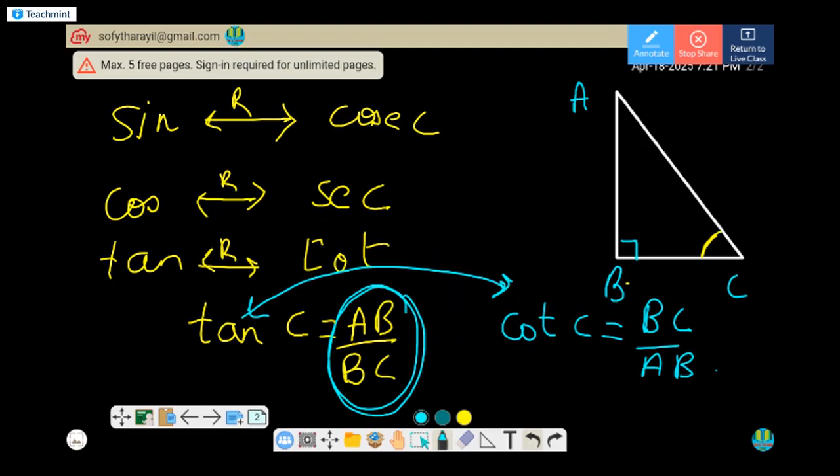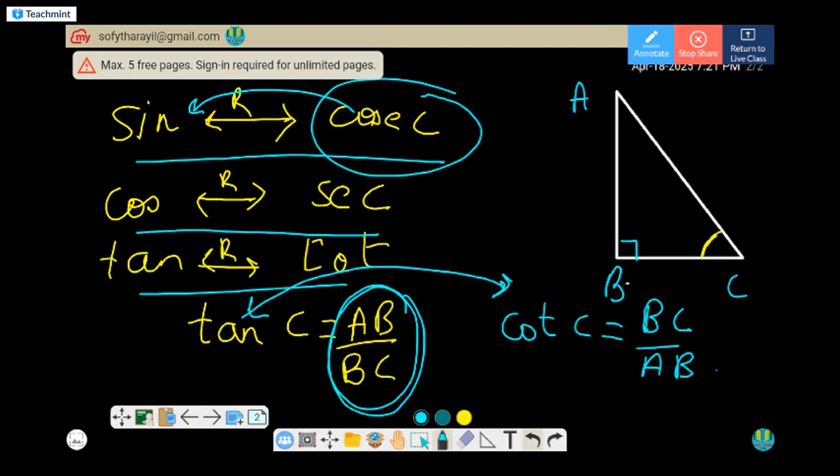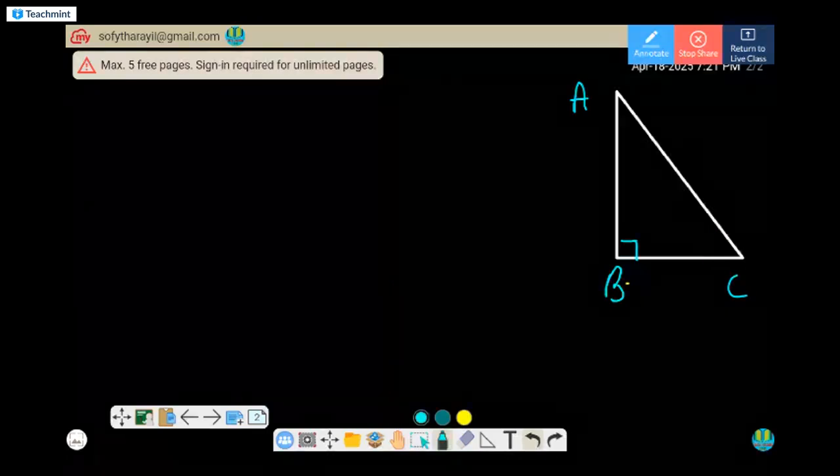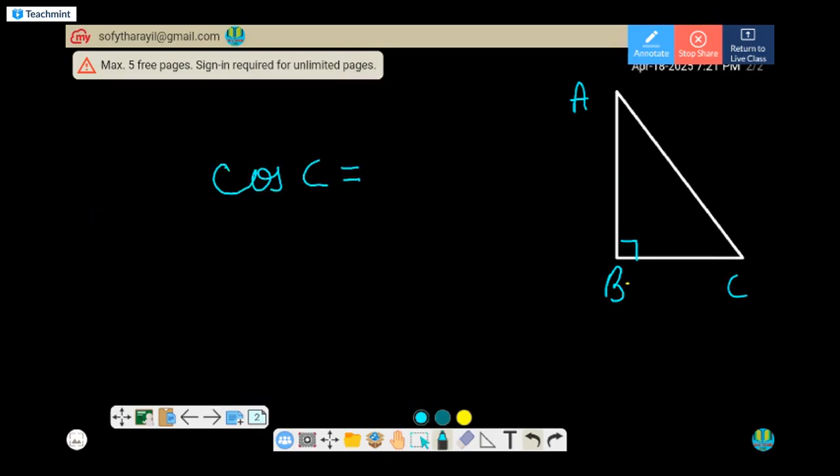Okay. So we know who are the reciprocals and vice versa. If you take the reciprocal of cosec, you will get sine. Sec, you will get cos. Cot, you will get tan. So they both are reciprocal of each other. But you should know the pairs very well. Now tell me, for example, cos C was BC upon AC.